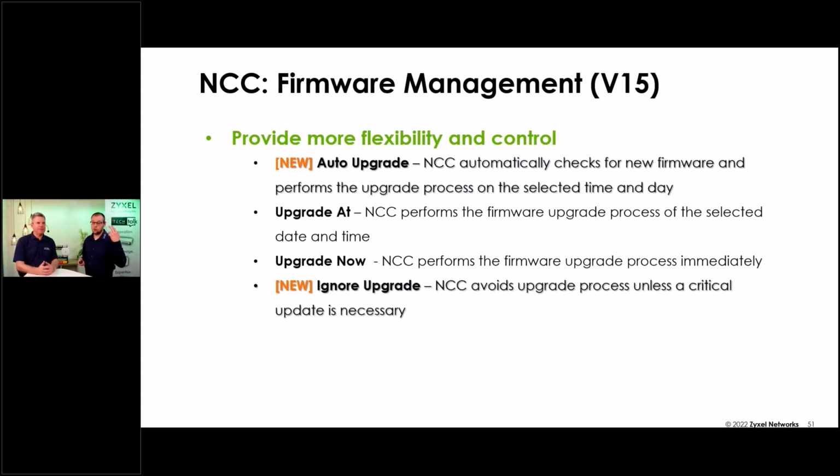You can also do a manual upgrade with upgrade now, which was there already before, but new you have the ignore upgrade. Basically, what that does is it disables all updates to the firmware in total for that organization and or site, unless there is a critical update that is needed.